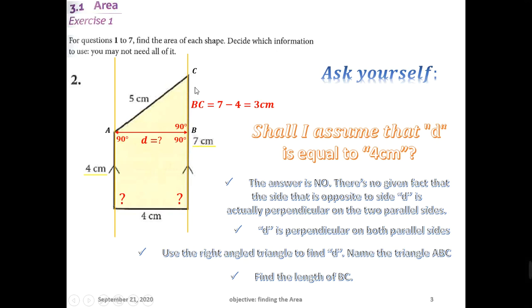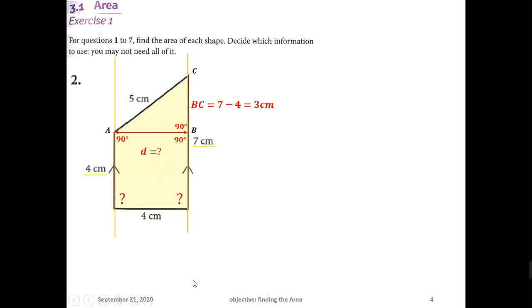So the remaining part, we subtract the 4 from 7. It's going to be 3 centimeters. Accordingly, we have right angle triangle ABC. The hypotenuse is 5 centimeters long and BC is 3 centimeters. So this AB, which is D, the distance between the two parallel sides, is my unknown.